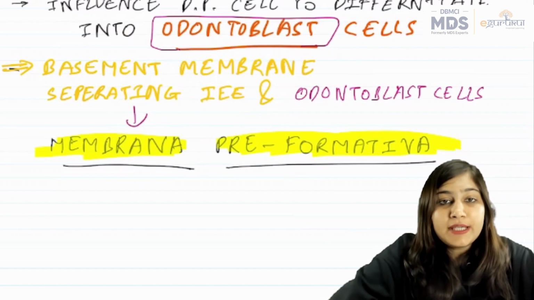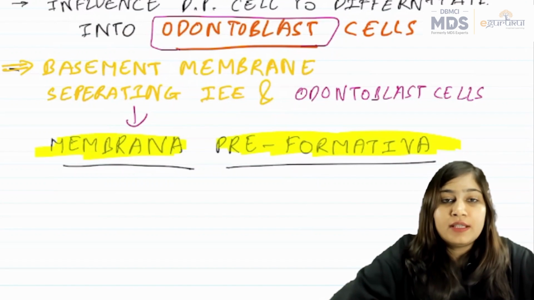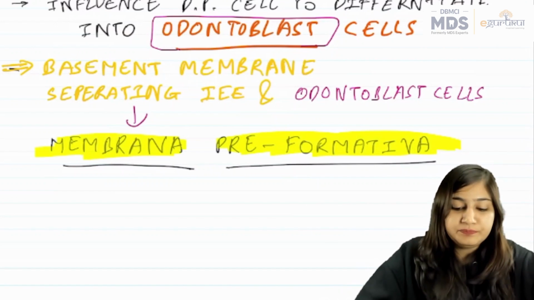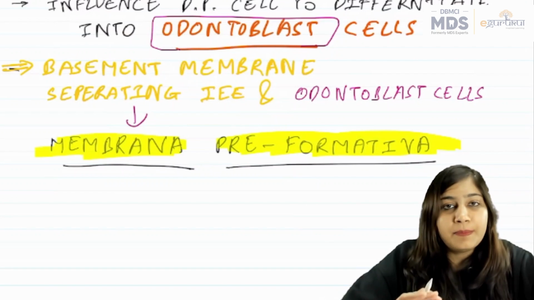Basement membrane separating the inner enamel epithelium and the odontoblast cells is known as membrana preformativa in bell stage.